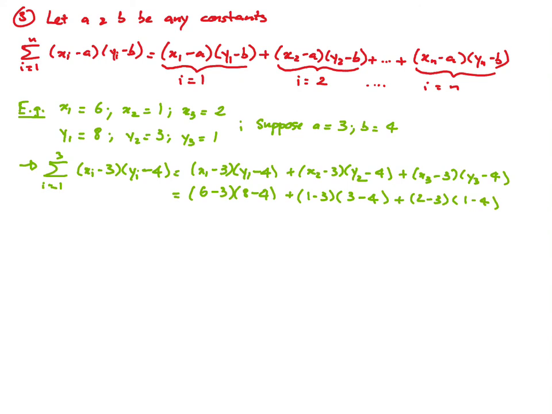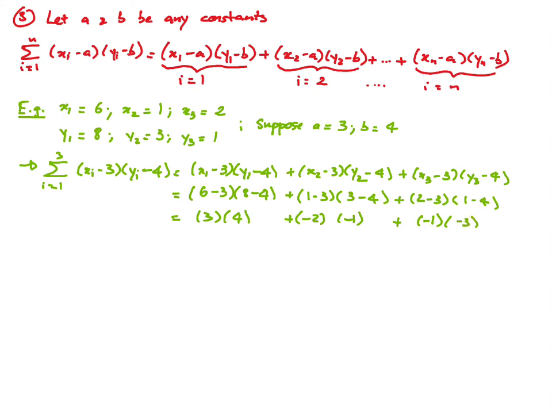So 6 minus 3 is 3, 8 minus 4 is 4, so the first term is 3 times 4. 1 minus 3 is negative 2, 3 minus 4 is negative 1, so the second term is equal to negative 2 times negative 1, right? And then the last term, 2 minus 3 is negative 1 times 1 minus 4 is negative 3, right?